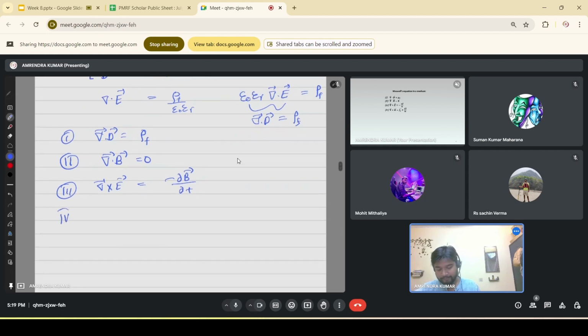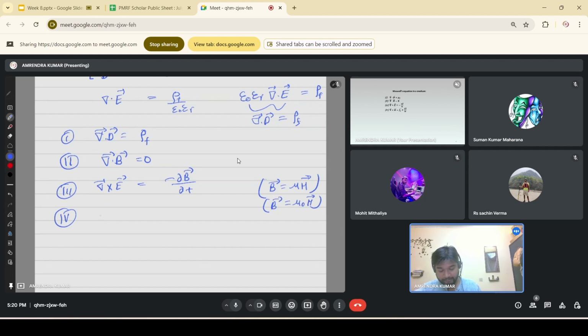Then the fourth one gets modified because you now have B equal to mu h. In the vacuum it was B equal to mu 0 h, so in the media it's mu h.